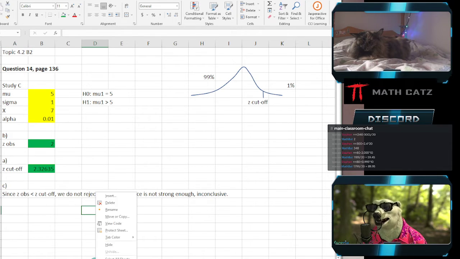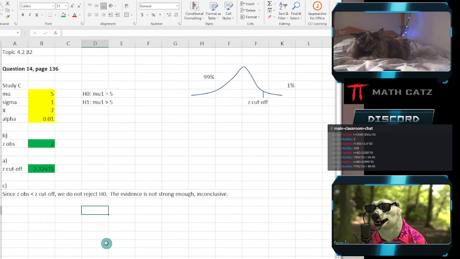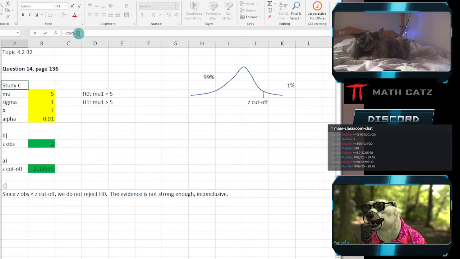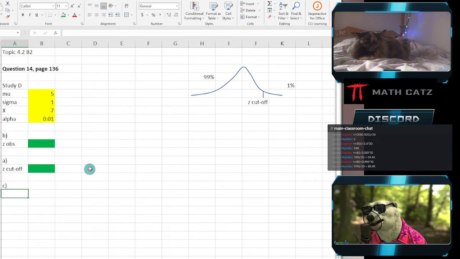Let's maybe copy this to the end and call this study D. Now, of course, a lot of this is the same. A lot of it is not the same. I'll just erase a lot of this and a lot of that and a lot of that.